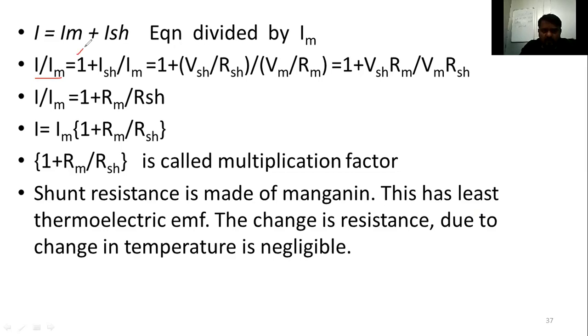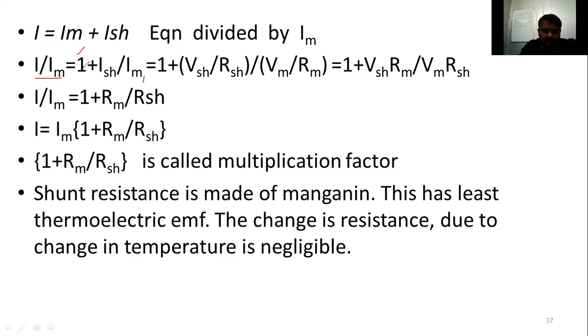Next, plus ISH divided by IM. Okay, up to here it is clear now. Dividing by IM on both sides of the equation, I divided by IM, IM by IM is 1, plus ISH by IM.